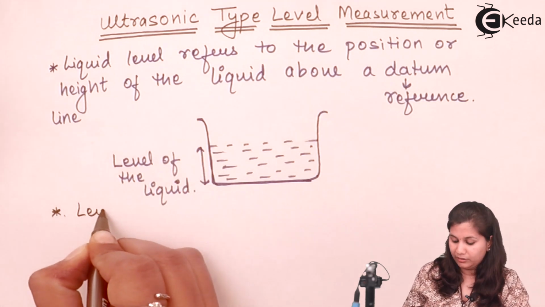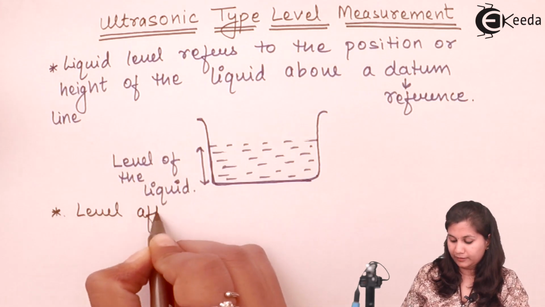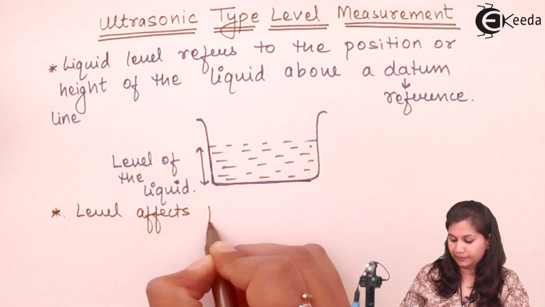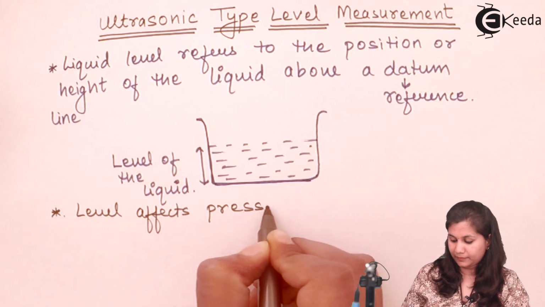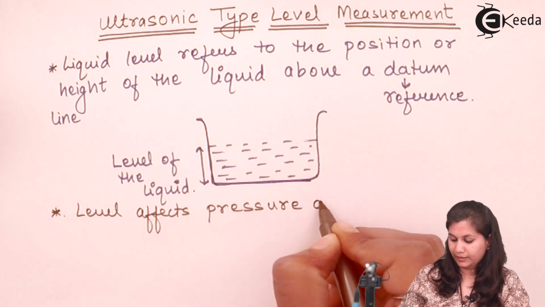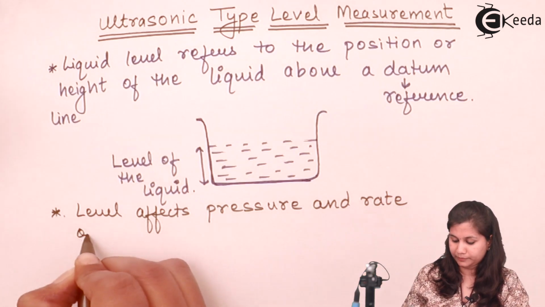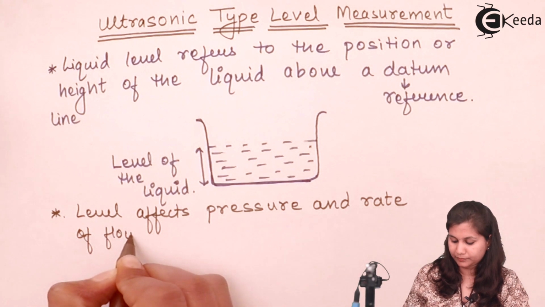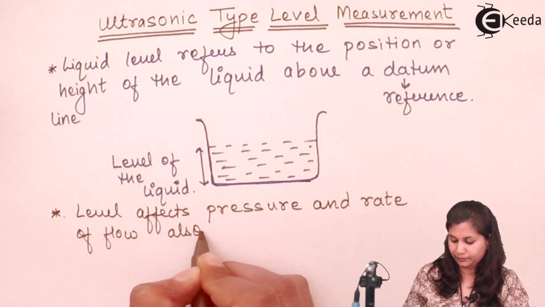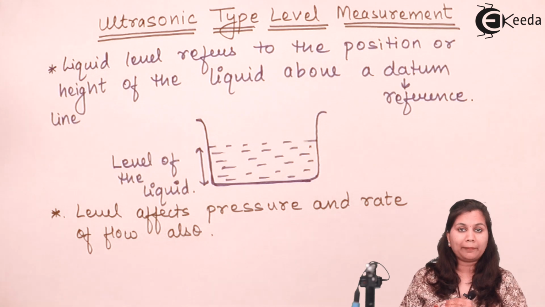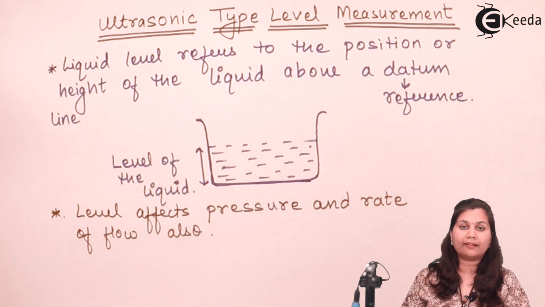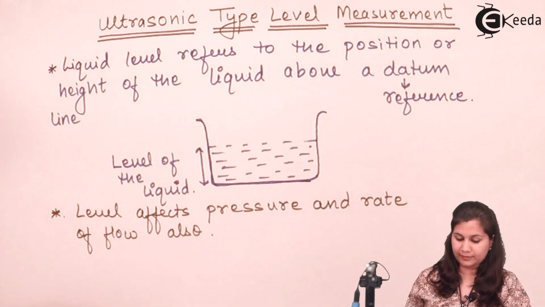So by measuring the level of the liquid, we can measure the pressure and the rate of flow of the liquids also.